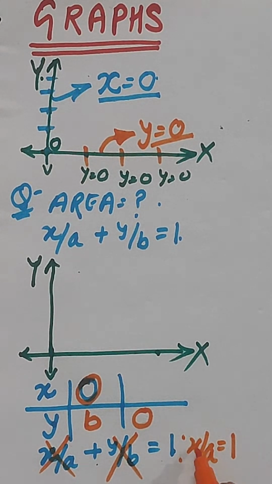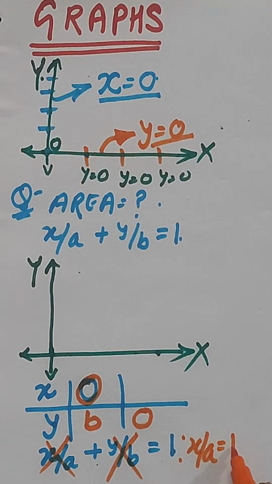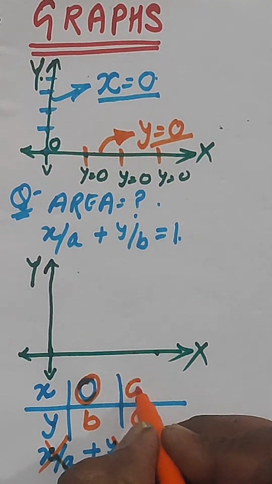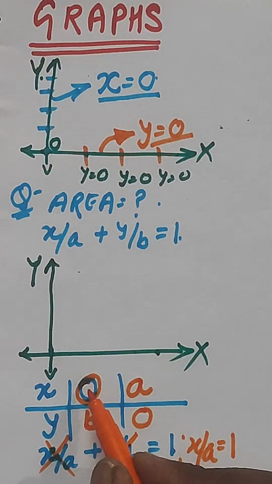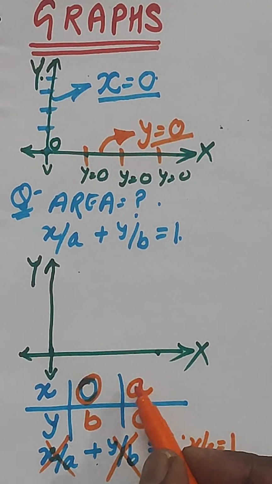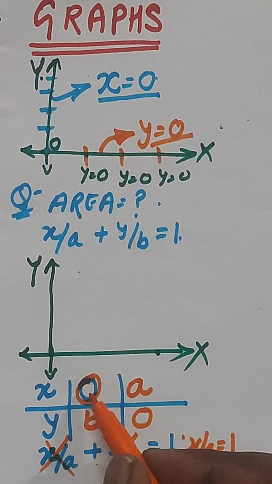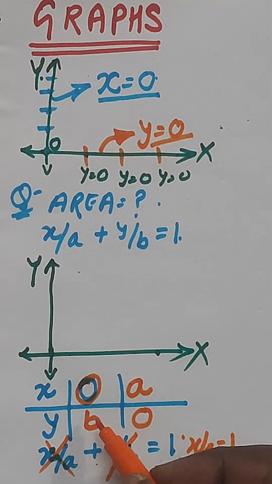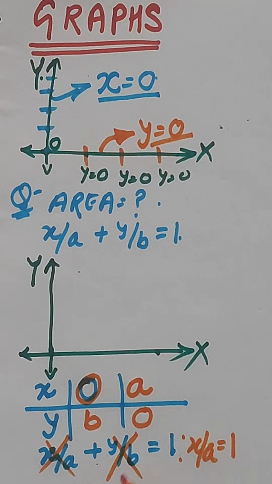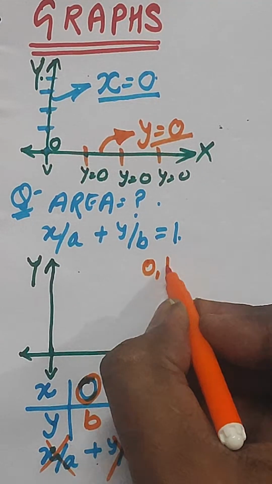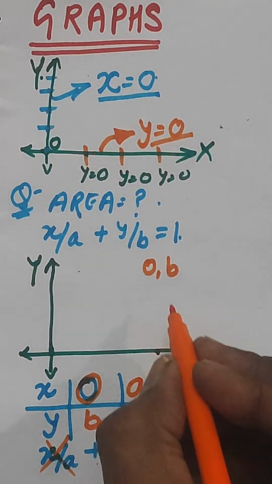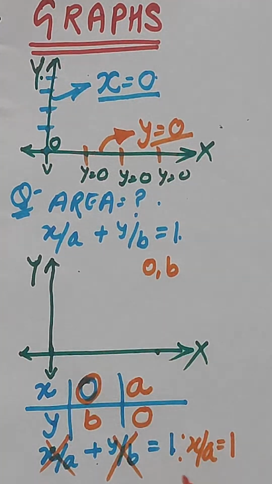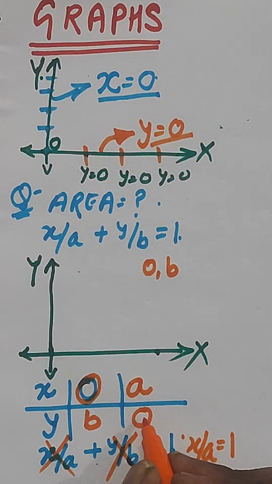So this will give you the value of x as a, right? So we have two coordinates with us. One is (0, b) and another is (a, 0), right?